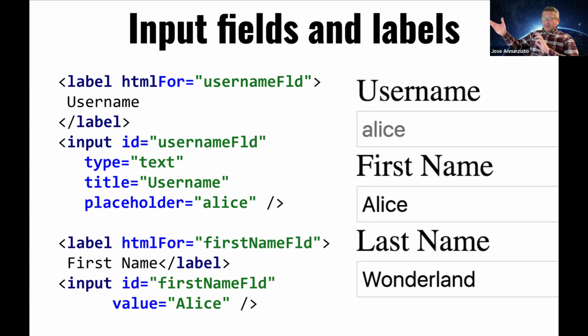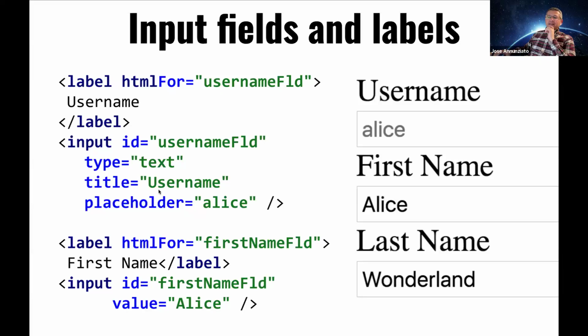If I ask for a username, I might use John Doe or something catchy, giving a hint of what I should type in there. Once I start typing, it goes away, so it only shows when the field is completely empty.